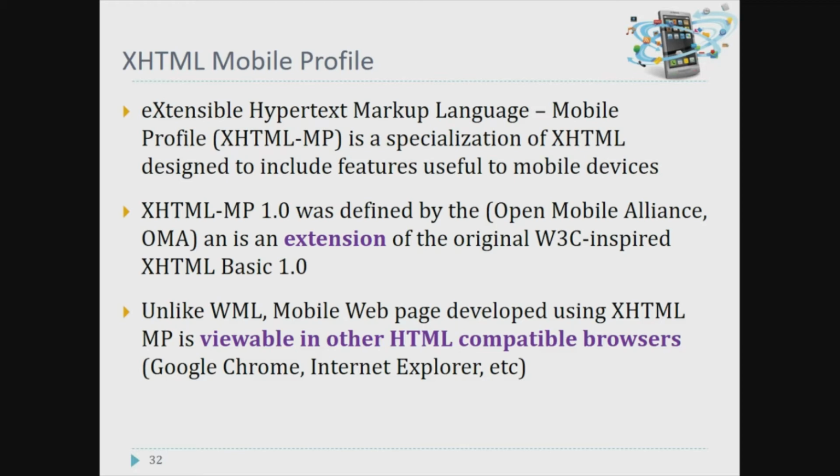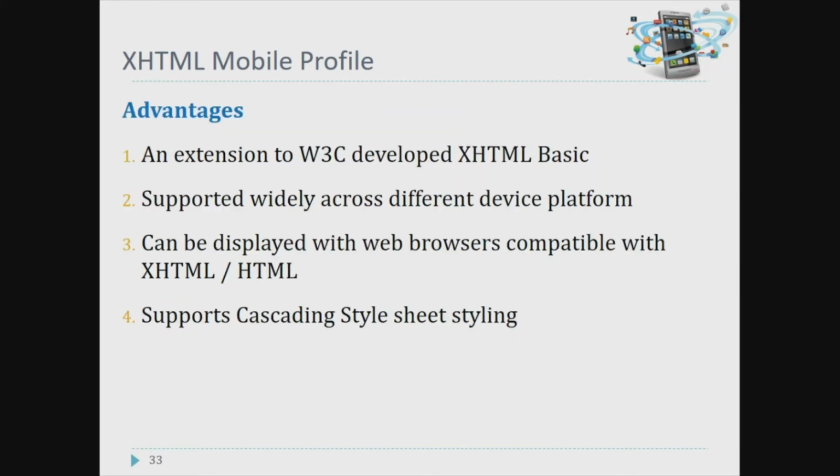Using XHTML MP, we can view it through HTML compatible browsers like Google Chrome, Internet Explorer, Mozilla Firefox, and so on. So that is the difference between WML and XHTML MP.